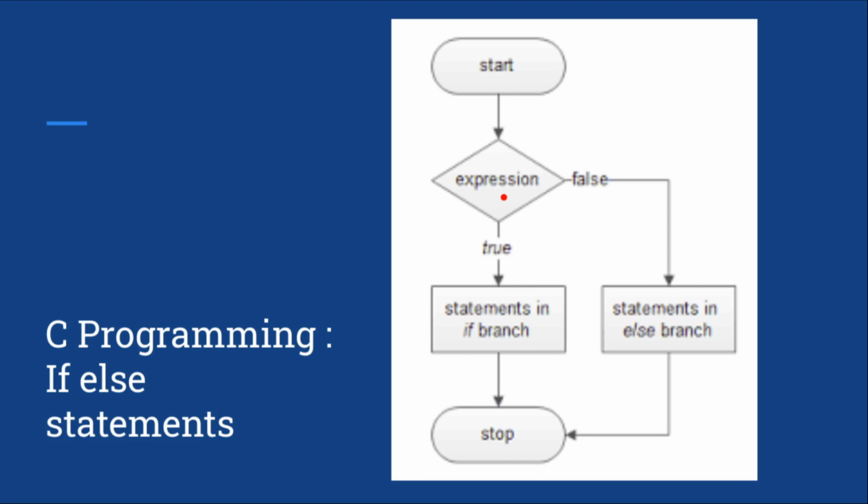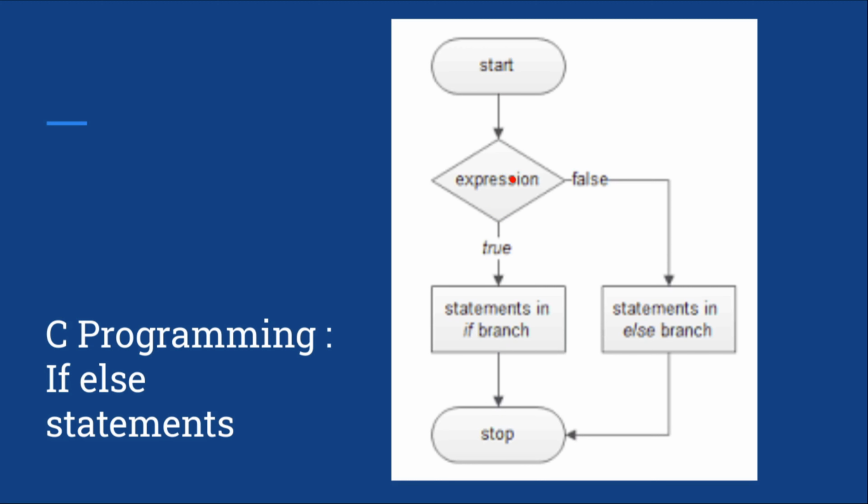If our condition is true, the statement written in the if block, or if branch, will be executed and our program will go to stop, like our program will be terminated. So this will be the flow of our program when our if condition or expression is true.